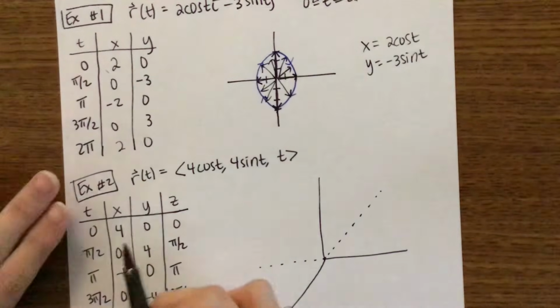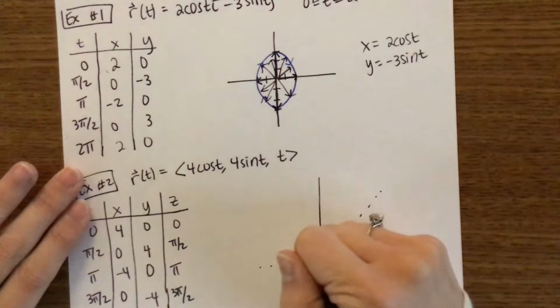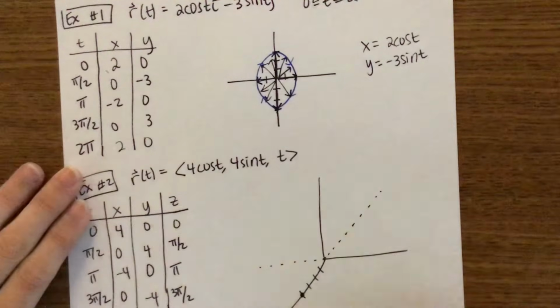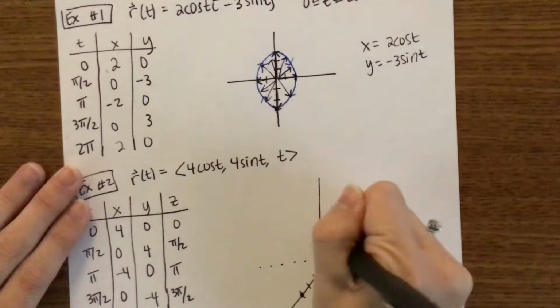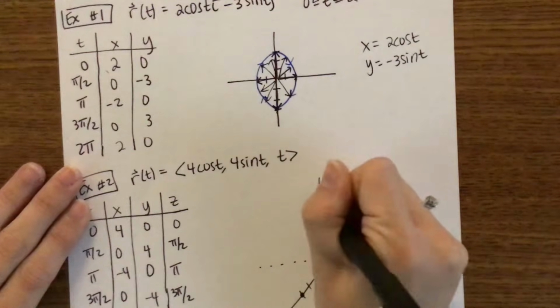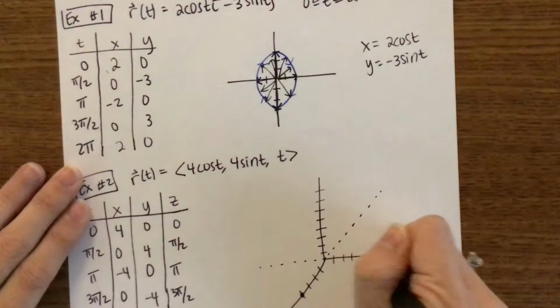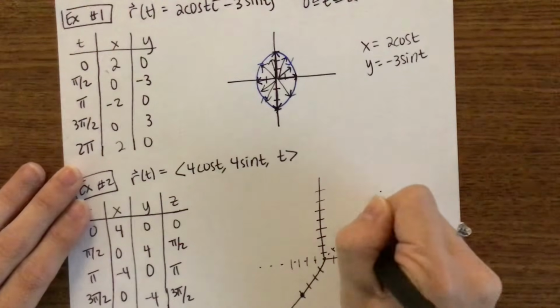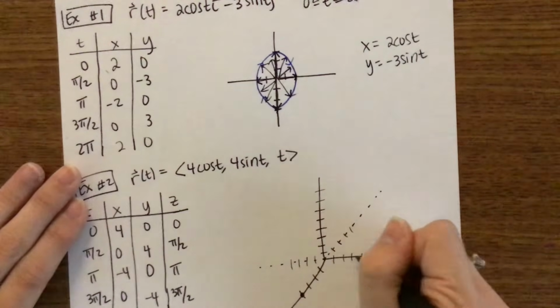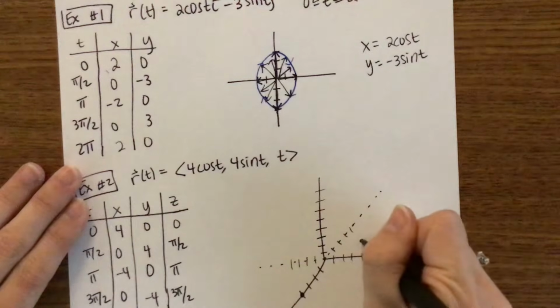Okay, so first point, 4, 0, 0. It's going to be that one right there. Then we have 0, 4, and pi over 2. Okay, so 0, 4, pi over 2 is about there.